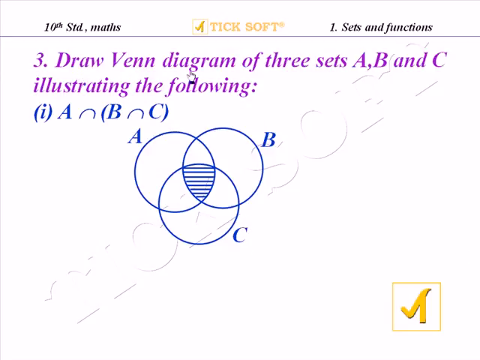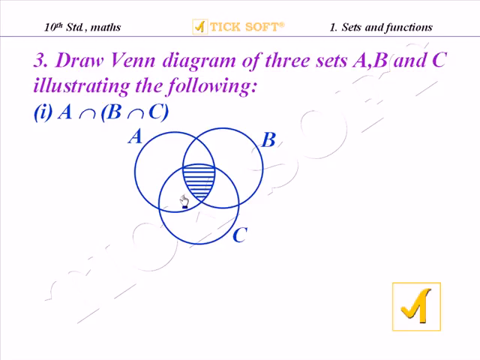Draw Venn diagram of three sets A, B and C illustrating the following. So here we have to find what is A intersection B intersection C by Venn diagram. Here, if you consider only B intersection C, you will be having this part. You have to consider all these.